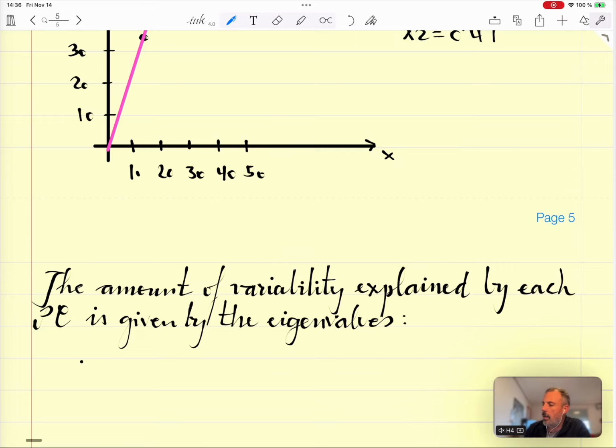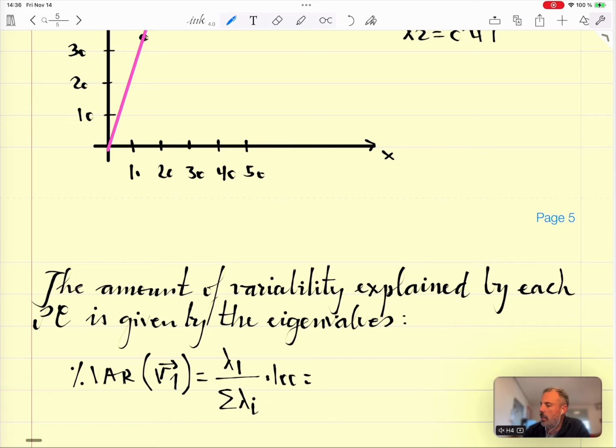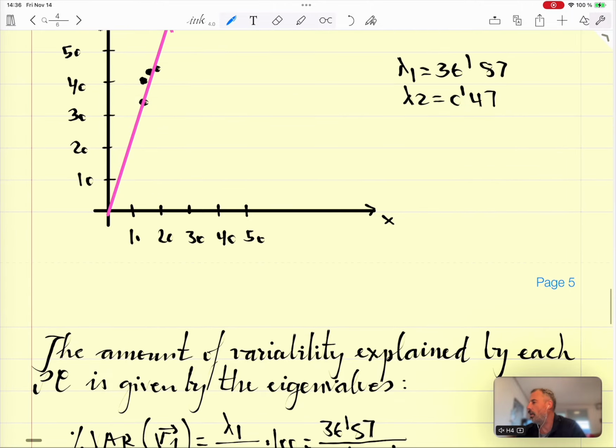Okay, so the percentage of variability explained by the first principal component V1 is going to be lambda 1 divided by the sum of all lambdas times 100, which is 36.87 divided by 36.87 plus 0.47, right? Yeah.